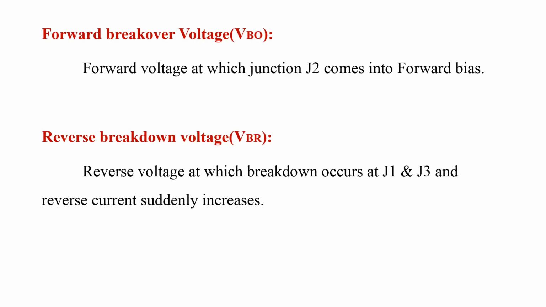Similarly, coming to the concept of forward breakover voltage and reverse breakdown voltage. Forward breakover voltage is defined as the forward voltage at which junction J2 comes into forward bias and the SCR starts conducting. It is denoted VBO.